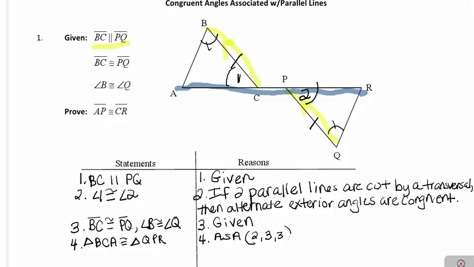Those are not segments in the 2 triangles, but in order to prove that, we will need to get segment AC congruent to segment PR. And the reason for that would be by CPCTC, since those are corresponding sides. And then I can prove those 2 segments are congruent by the addition property.